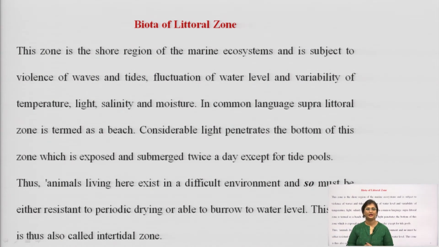Considerable light penetrates the bottom of this zone, which is exposed and submerged twice a day, except during the tide pools. Thus, animals living here exist in a difficult environment. So, they must be either resistant to periodic drying or able to burrow into the water level. These littoral zones are also known as intertidal zones.